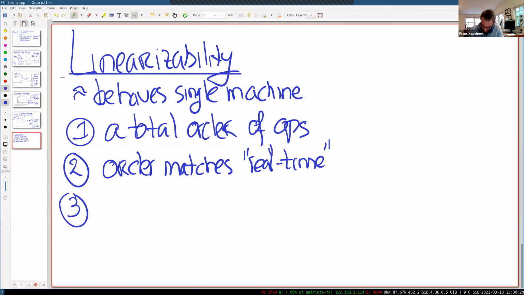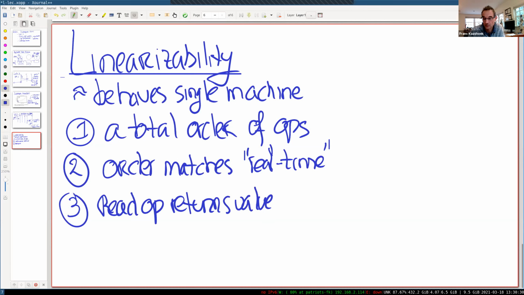And then there's a third property: the read op returns the value of the last write. That's the official definition of linearizability. You can think of this as a more precise statement of the intuition, namely that the whole thing behaves like a single machine.